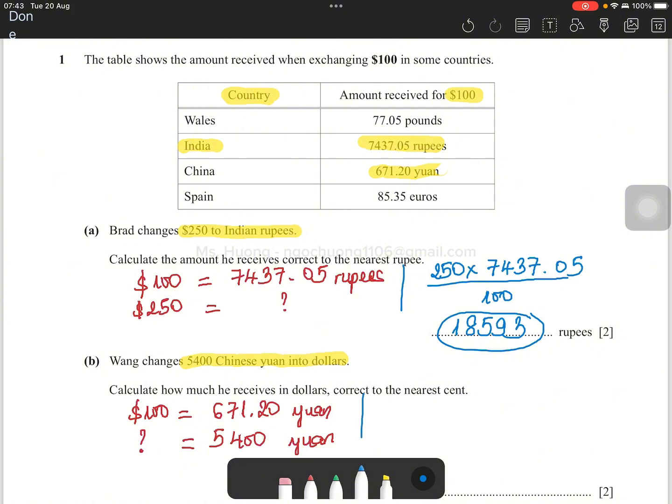In this case, we need to multiply 5,400 by 100, and then we divide it by 671.20. So the answer is $804.53.